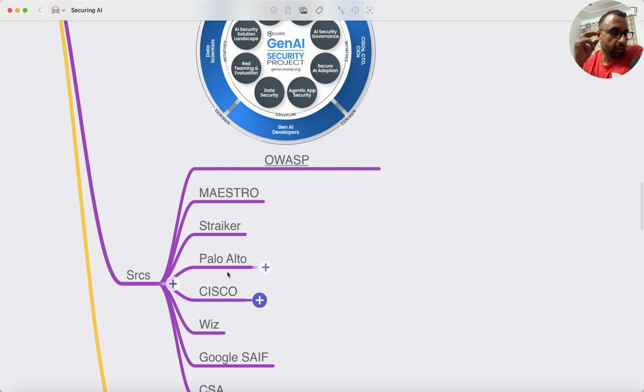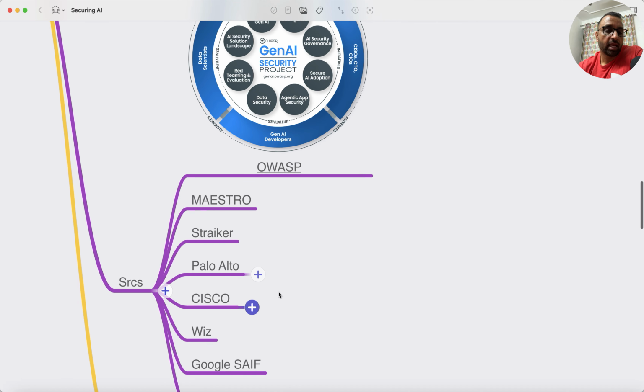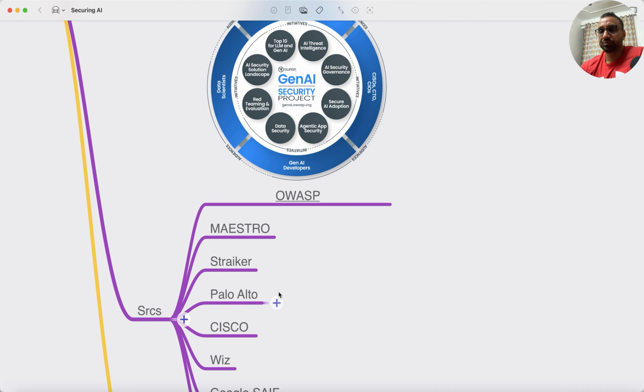I also went through multiple product vendors' websites, that includes Straiker, Palo Alto, Cisco, Wiz, Google SAIF, and also organizations like CSA, and also the MAESTRO framework.